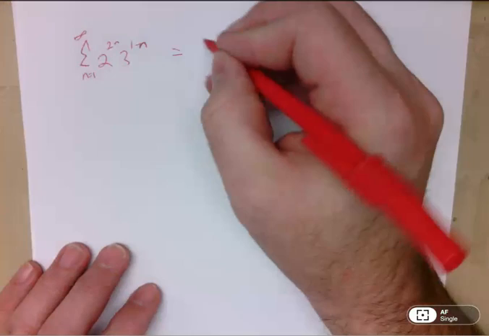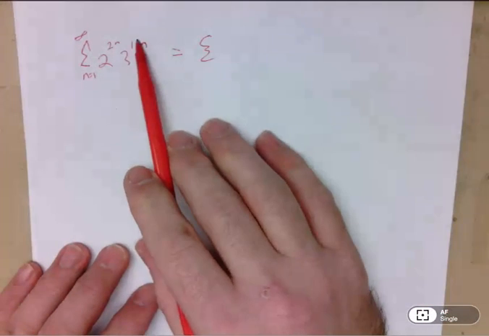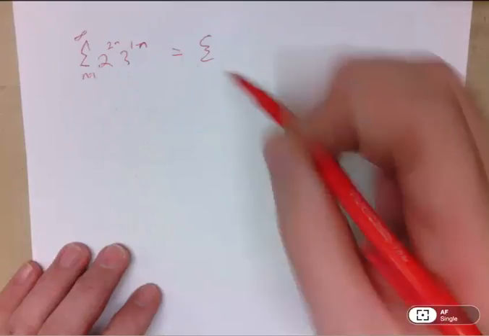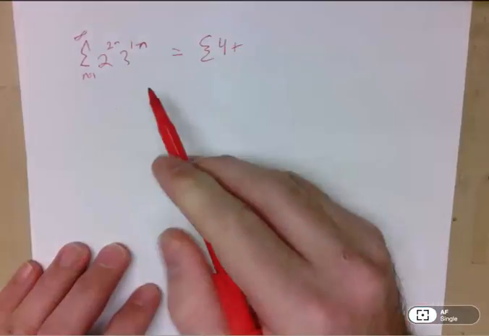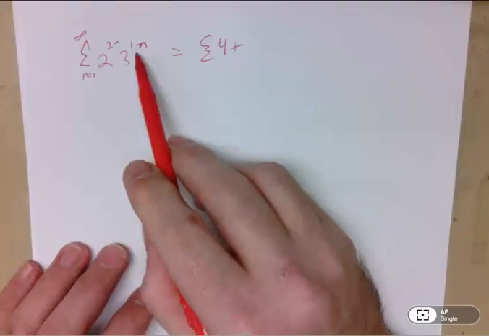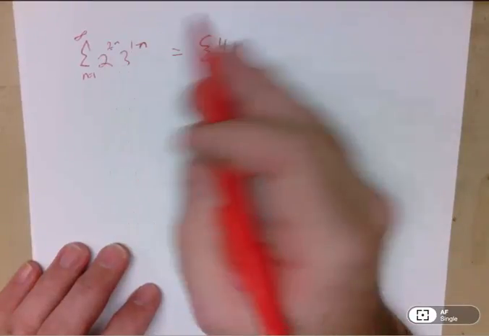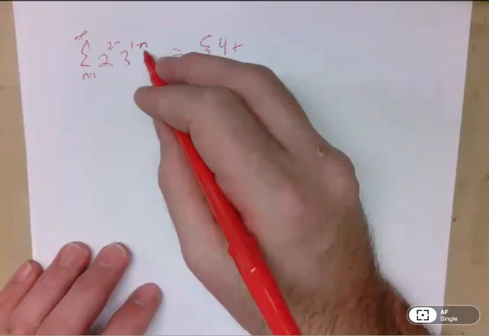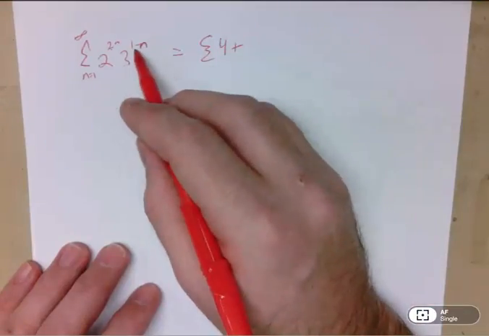Okay, so if I list out a couple terms, my first term, if n is 1, this becomes 1. This becomes 2 to the 2, which is 4. Plus, when n is 2, this becomes 2 to the 4, so that's 16 times 3 to the 1 minus 2, so that's 1/3.